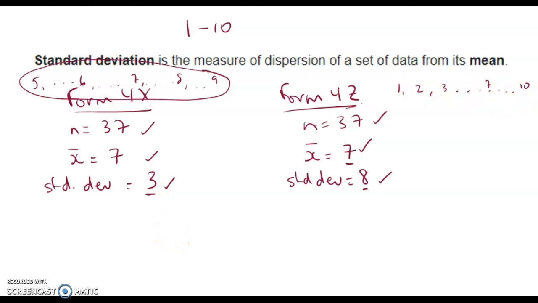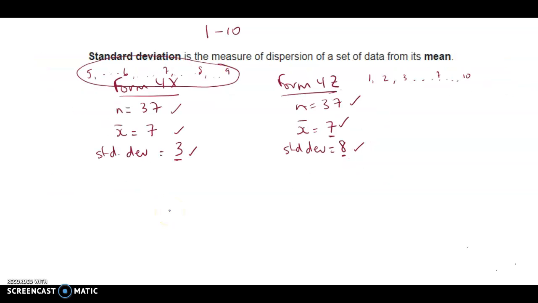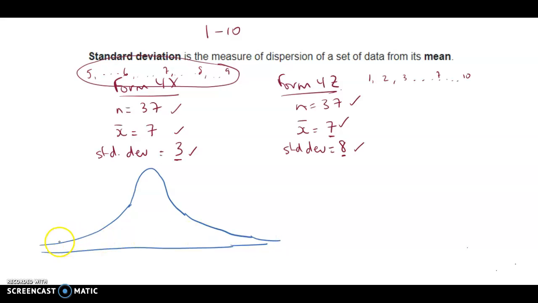So the next thing I want to go into is the bell-shaped curve. So the bell-shaped curve for 4X would be like this. Now this is supposed to be a straight line like this. Now the bell-shaped curve will come up like this and come down like this. It'll go down to 0 around here, well, close to 0. Here at this point here, it's symmetrical, and this value here is my mean.